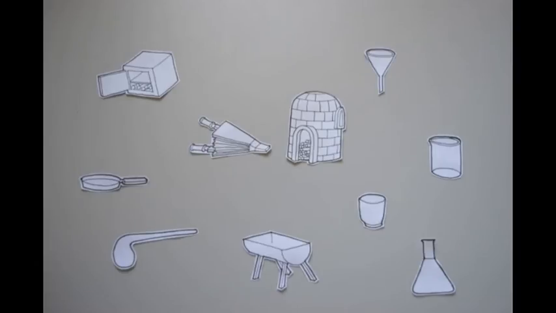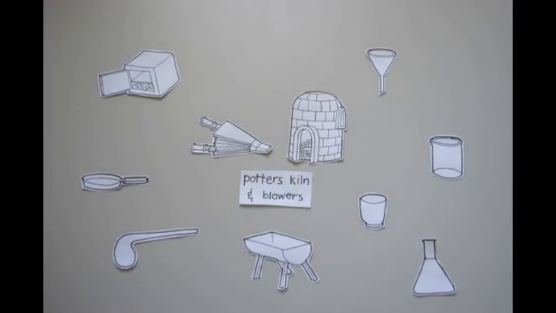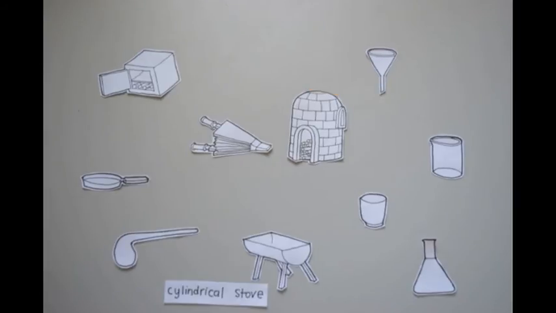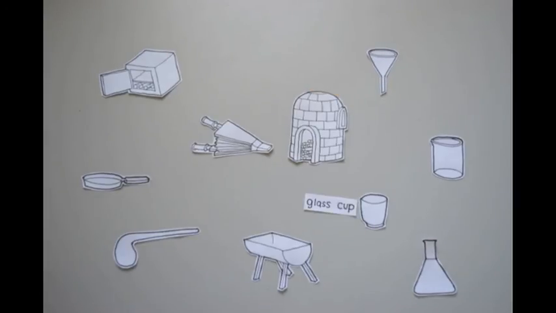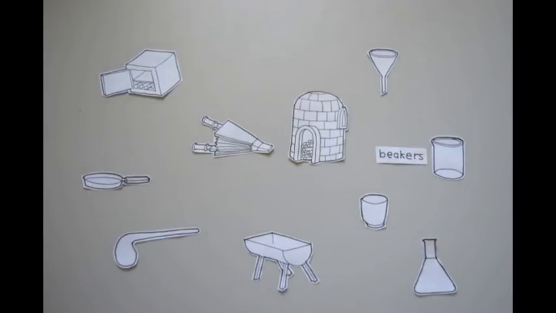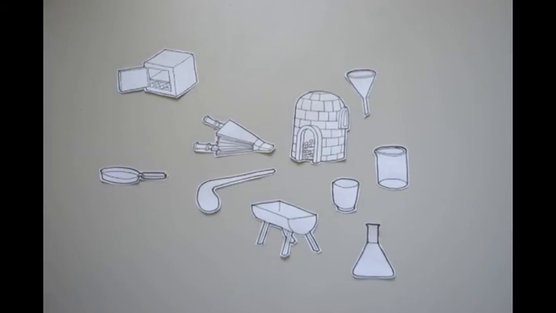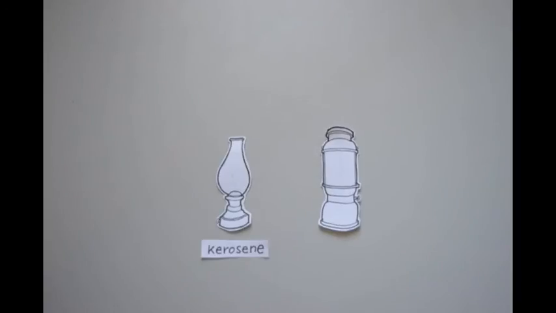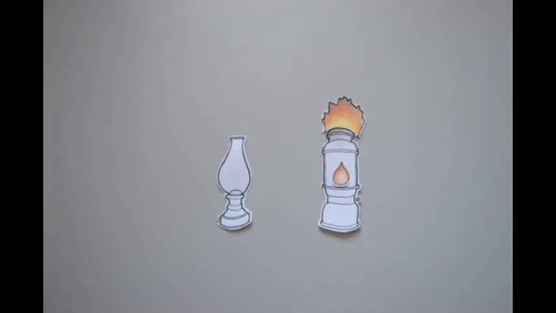Secondly, utensils used to carry out the process of transmutation and various parts of the distilling apparatus such as the retort, shallow iron pan, potter's clay and blowers, cylindrical stove, glass cups, flasks, beakers, and glass funnel. Lastly, the invention of kerosene and lamps.